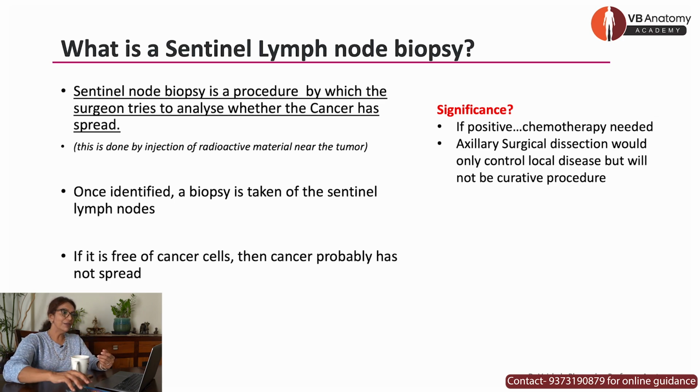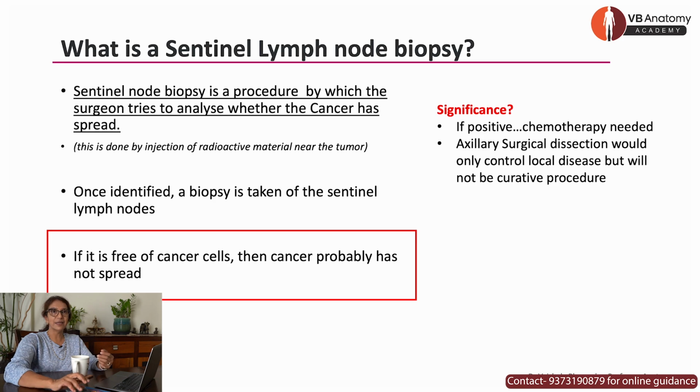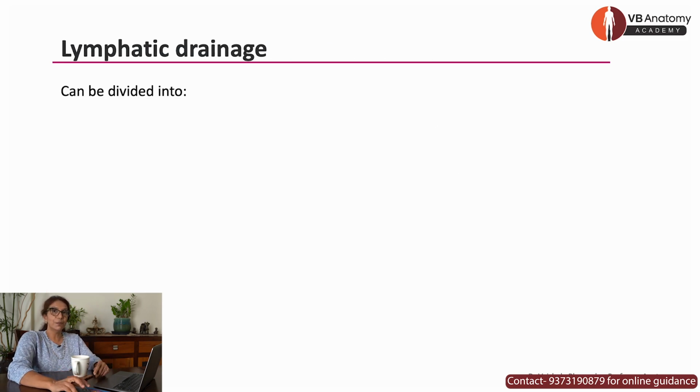If the sentinel lymph node is clear of cancer, then it is assumed that the breast cancer has not spread. Of course, there are many nuances to this; I'm giving you the basics. If it is found that the sentinel lymph nodes are affected, then the treatment strategies are altered according to the presence or absence of cancer cells in them. That's sentinel lymph node biopsy.